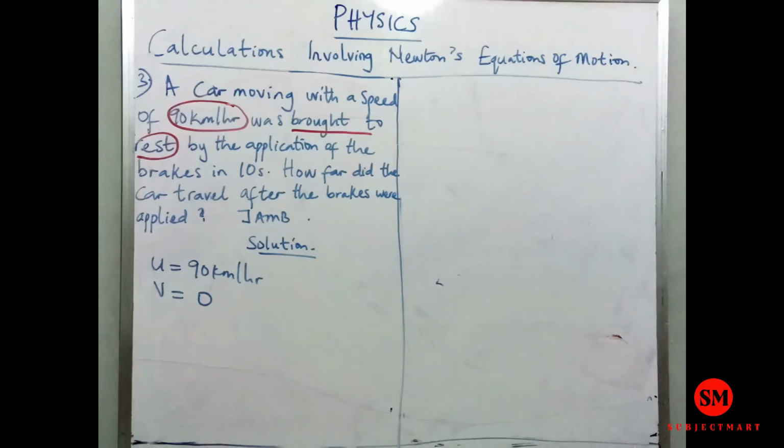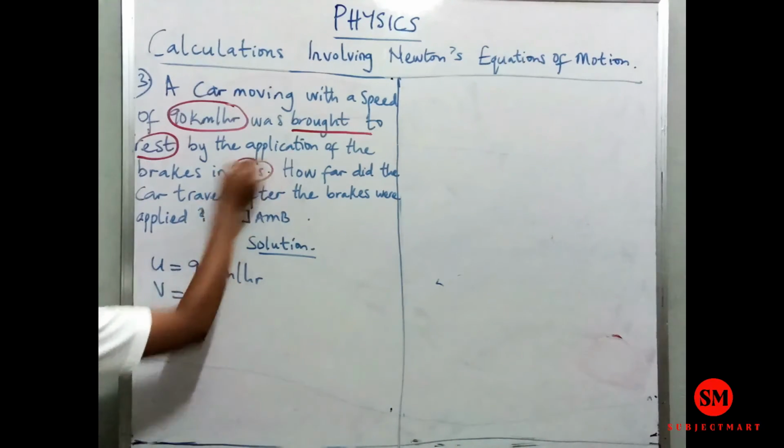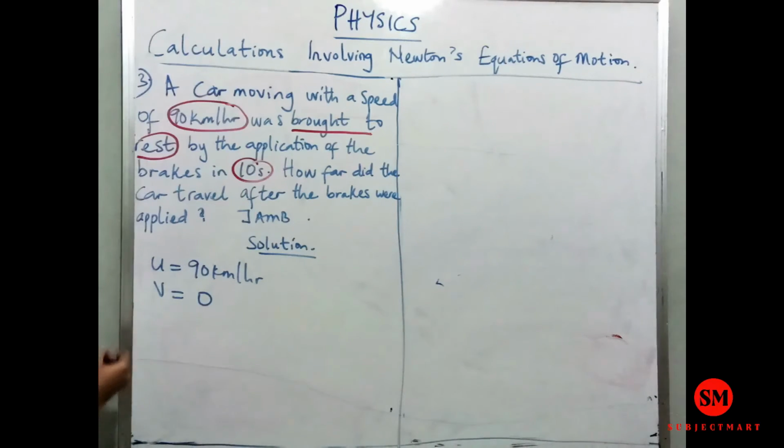Remember what I told you earlier? By the application of the brakes in 10 seconds. That's the time taken, 10 seconds. How far did the car travel after the brakes were applied? How far? That means we are asked to find the distance. Distance is what we're looking for.